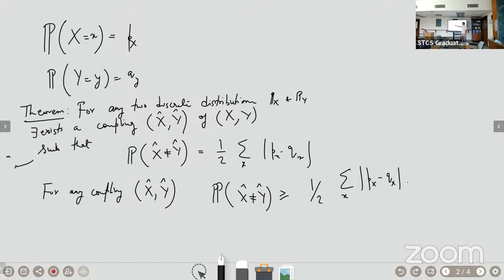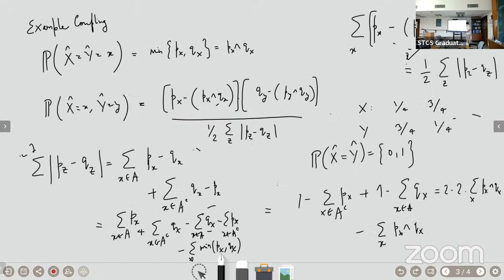We say if the coupling exists, this is true. If this is not true, there can't be a coupling. So in the example we took, we tried to make sure that the probability of x hat not equal to y hat was 0. If you had insisted on that, that set of equations possibly would not have a solution. Okay, so far so good.